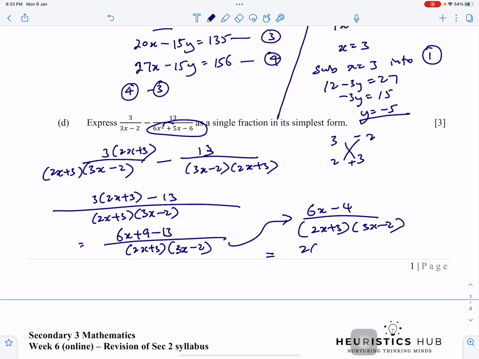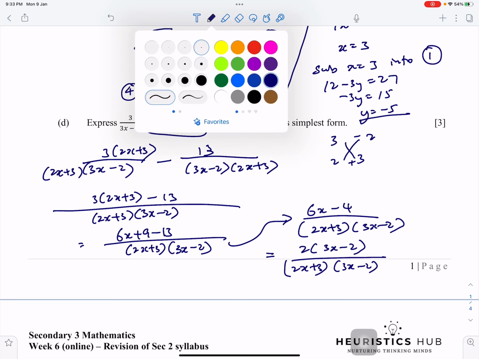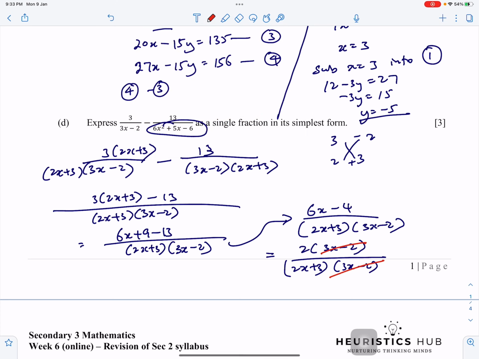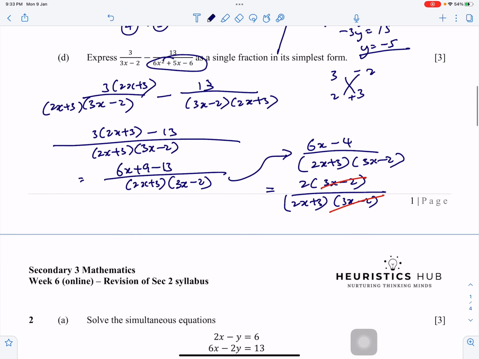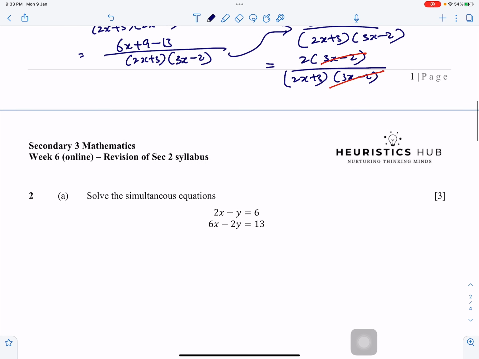And you realize one thing, you should be aware that you can factorize the numerator to find out that actually you can cancel this away. Okay, so let's move on to question number 2.